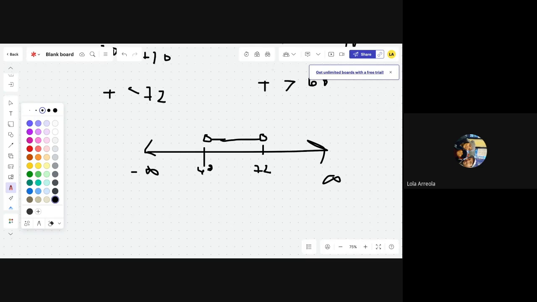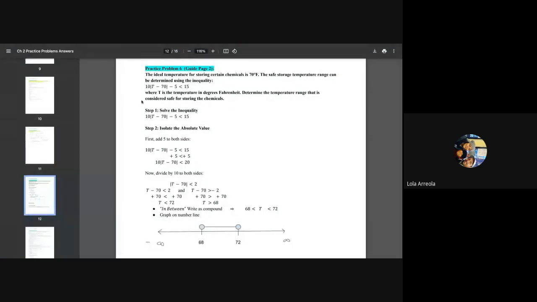So now let's make sense of the word problem. It's saying, determine the temperature range that is considered safe for storing the chemicals. It says the ideal temperature for storing certain chemicals is 70 degrees. Now, the safe storage range can be determined by this inequality that we just solved for. That's why I suggested just solve for the problem, and then let's see if we make sense of it.